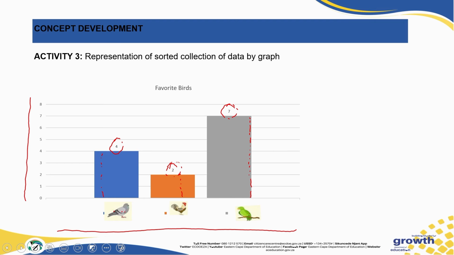Grade ones, remember, in this data that we have collected, we showed it in a form of numbers. We showed it in a form of pictures where we draw the lines representing the number of each type of bird.